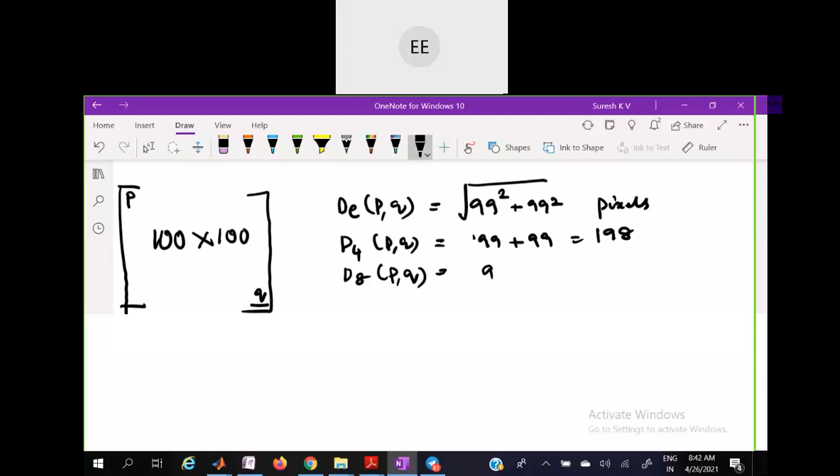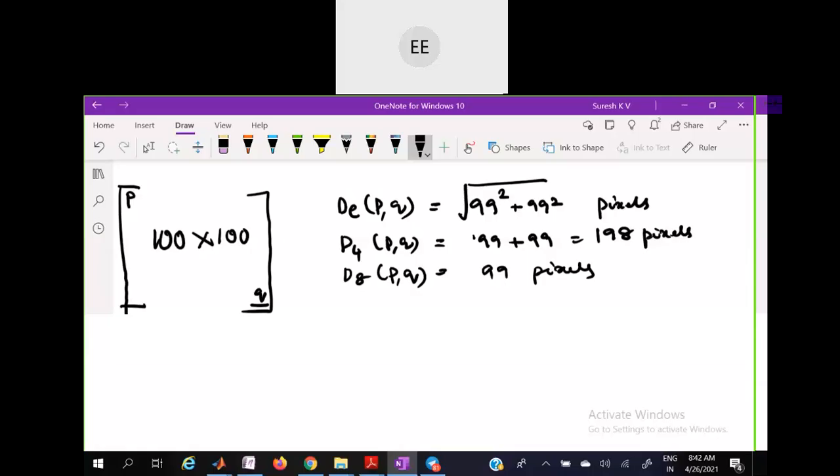The next one is the maximum of the differences, which is 99. Is the point clear? That is how we calculate distance between two points in an image.